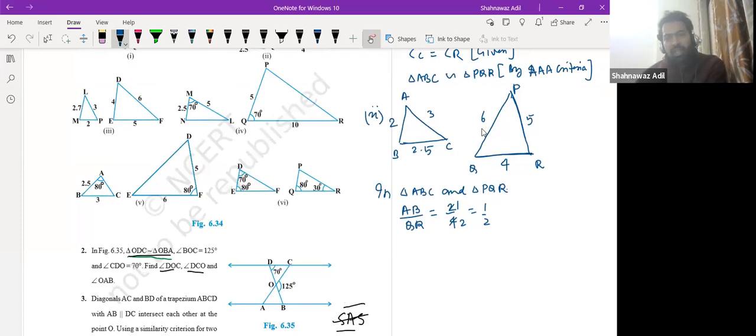I have to pick the sides in such a way that they are proportional. We have to figure out the corresponding sides. If I pick AB and PQ, the ratio would be 2 by 6, which is 1 by 3. It would be quite different from these other ratios. Is it clear?